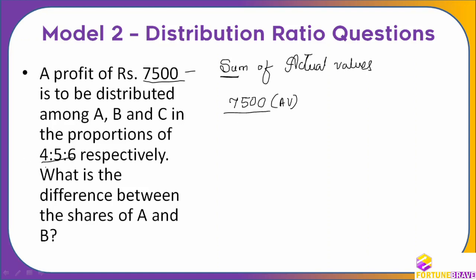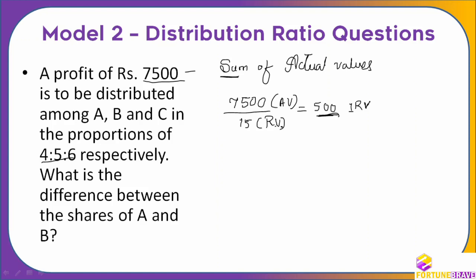So 4 plus 5 is 9, plus 6 is 15. 15 is the sum of ratio values. What you will get is 1 RV. So 7500 divided by 15: 15 fives are 75, and 2 zeros. So 1 RV is 500.